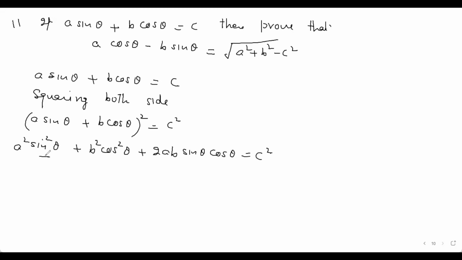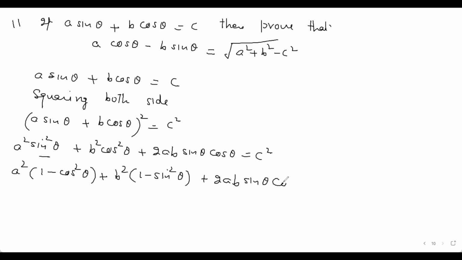Now change this sine theta in terms of cos theta and this cos theta in terms of sine theta. How will you do it? A square sine square theta can be written as a square times 1 minus cos square theta, plus b square times 1 minus sine square theta, plus 2ab sine theta cos theta is equal to c square.